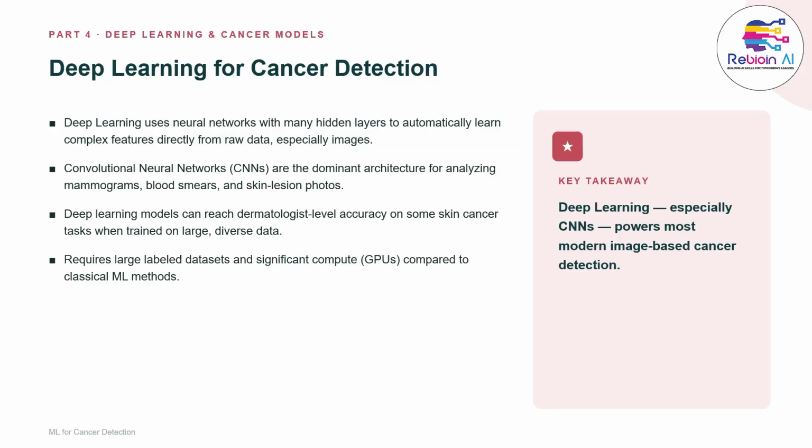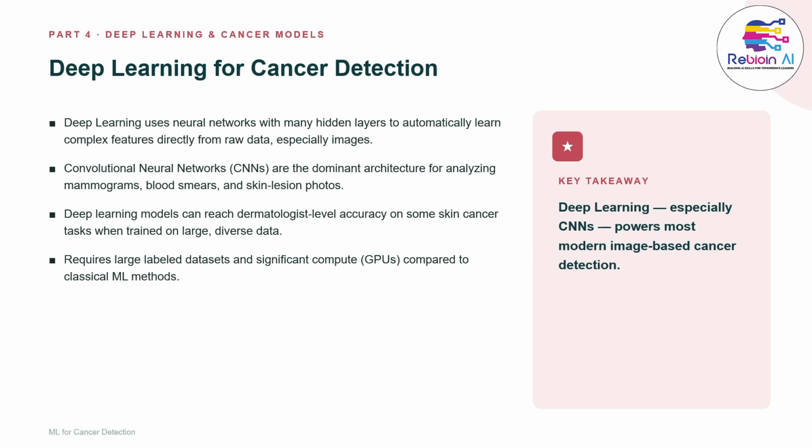Now, deep learning is really neural networks taken further. That is, many more hidden layers stacked together, letting the network automatically learn increasingly abstract features directly from raw data, especially images, without a human manually designing those features.